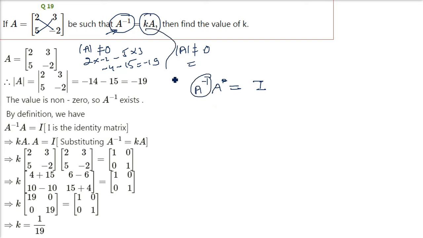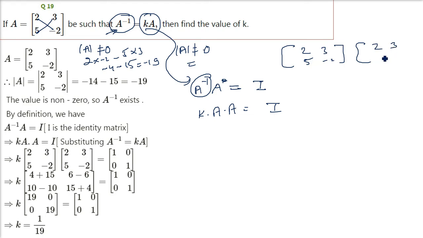Let us multiply both sides by A, because A inverse you can replace by KA anytime. So what do you have to do? You have to find out A square. These two matrices you have to multiply because we have to find A dot A. Let me directly write the answer. I'm not going to do this because it's simple, 2 by 2 matrix multiplication you might have done a million times now.